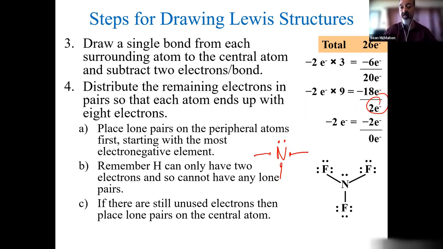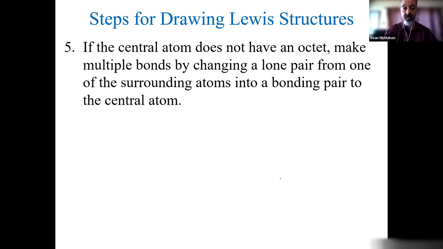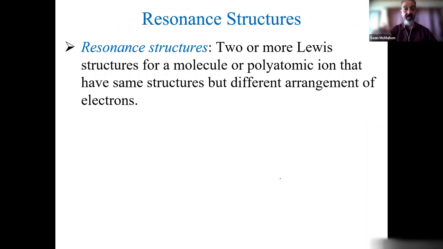So that's an example of this particular one. Now, sometimes the central atom will not have an octet. That's when we'll have to remove lone pairs from exterior atoms to satisfy octets. I'll do that in the example exercises and walk you through it.